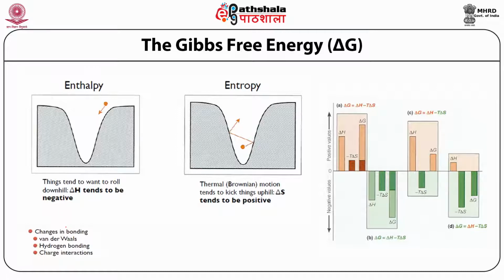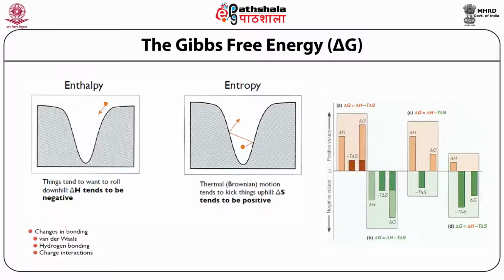However, in the entropy-mediated system, thermal or Brownian motion tends to kick things uphill. Delta S tends to be positive, so it changes the arrangement of solvent or counter ions. It reflects the degrees of freedom and the rotational and translational states.